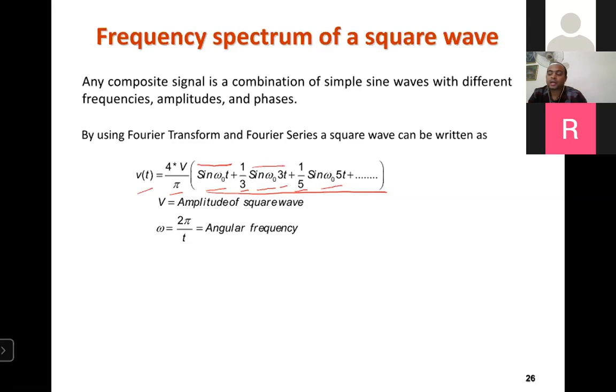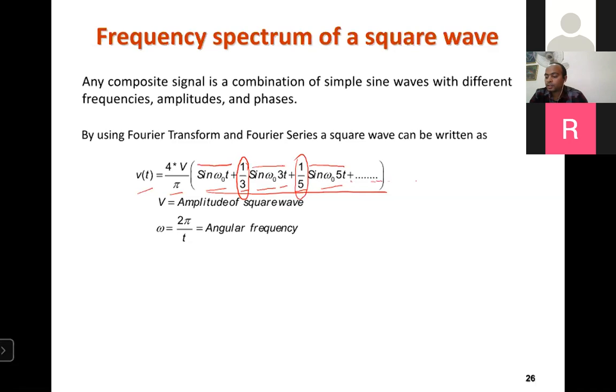That means it is the third harmonic, and its amplitude is 1 by 3. And sin 5 omega 0 t is the fifth harmonic, and its amplitude is equal to 1 by 5. Like this it is continuing.